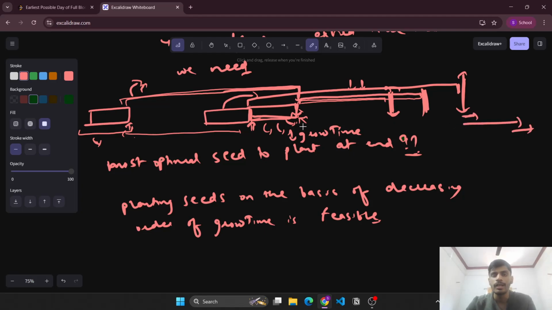We have already sorted on the basis of decreasing order of grow times. So the seed which has the largest growing time would already have been completed growing, because we planted it on the leftmost side, and the seed with the smallest growing time would be left, causing a very small effect on the extra time that we need.